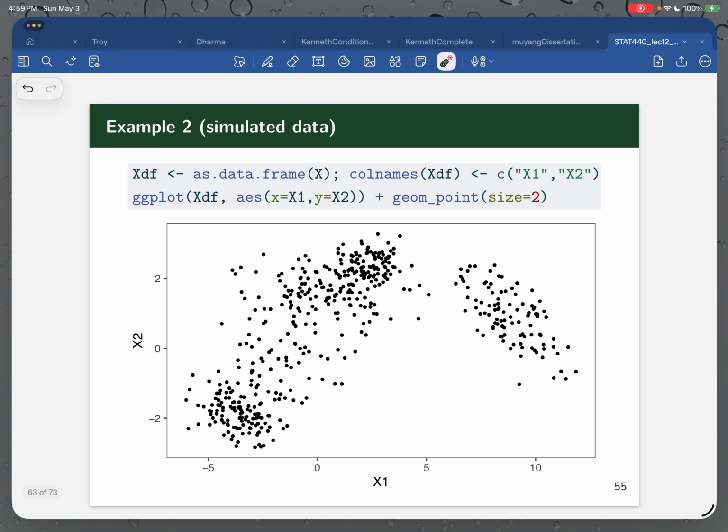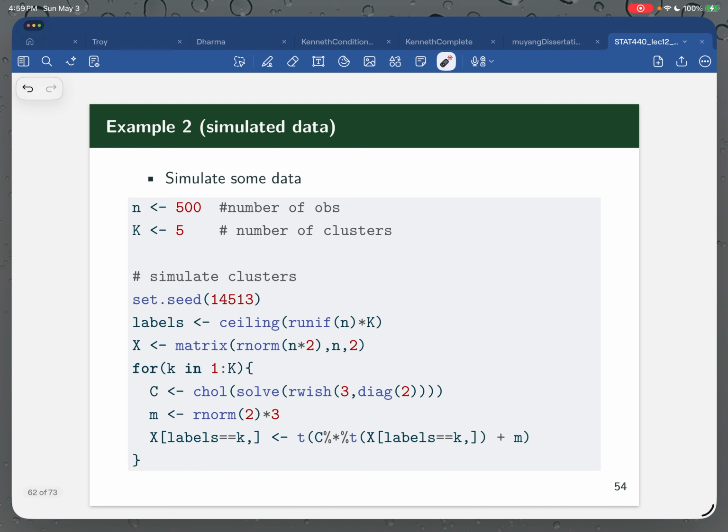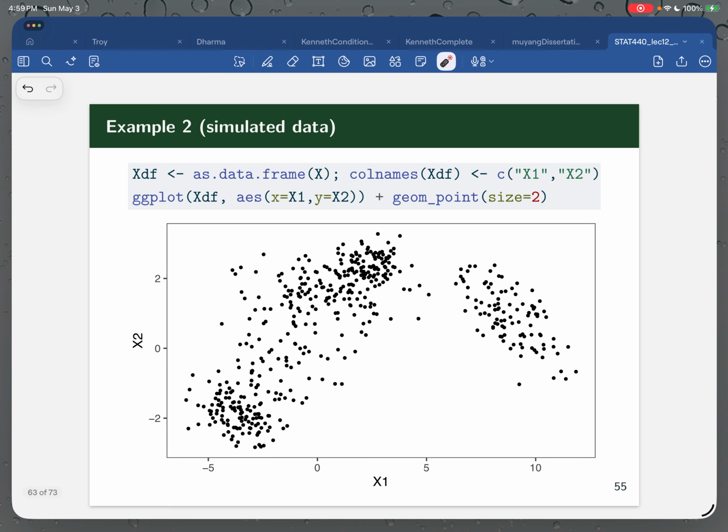Now, this is a cartoon example because the clusters are really distinct. But if you look at this plot, this is actually arising from 5 clusters, but it's not really easy to see 5 distinct clusters, right? You're seeing some points that are bunched up here, some points bunched up here, some points kind of spread out in this direction. We could colorize these points because we simulated them.